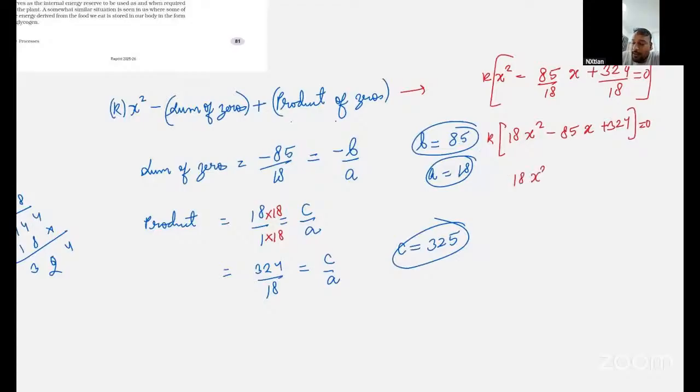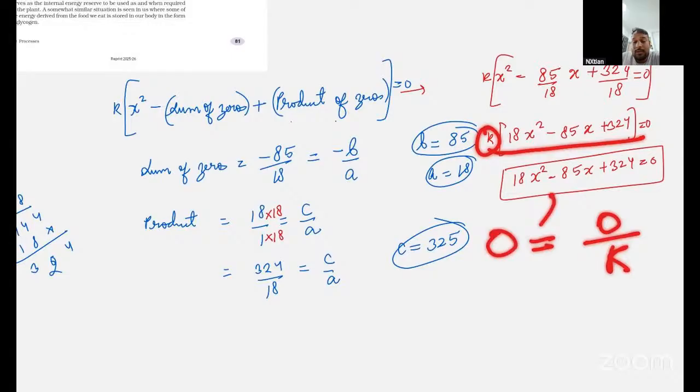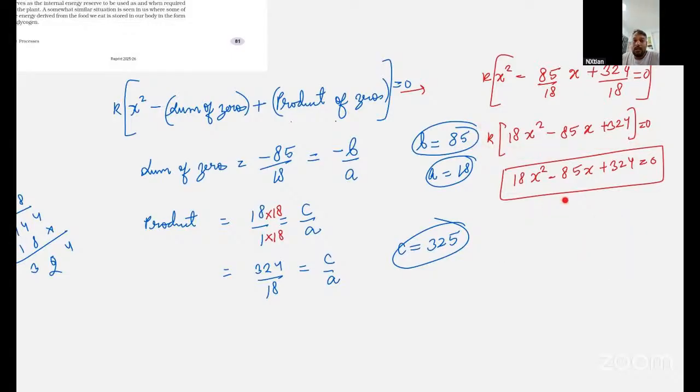So 18x square minus 85x plus 324 is equal to 0, and it's a quadratic equation. So this is the equation I got. Got it?